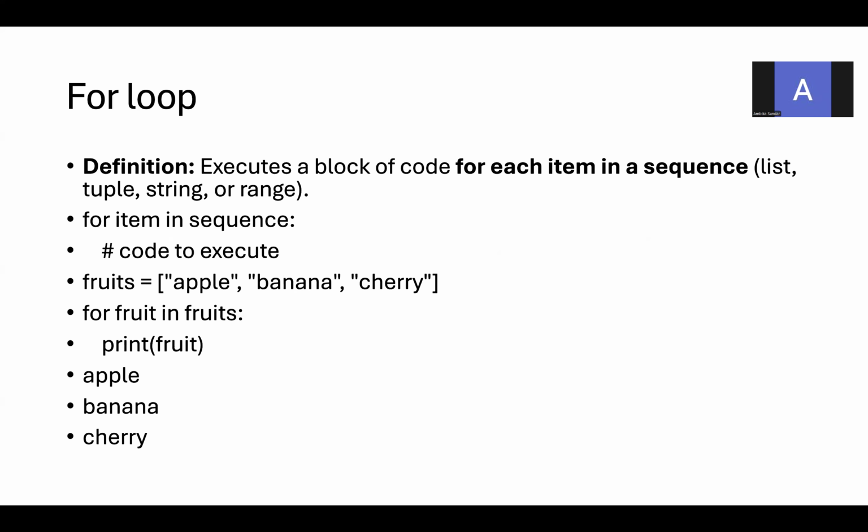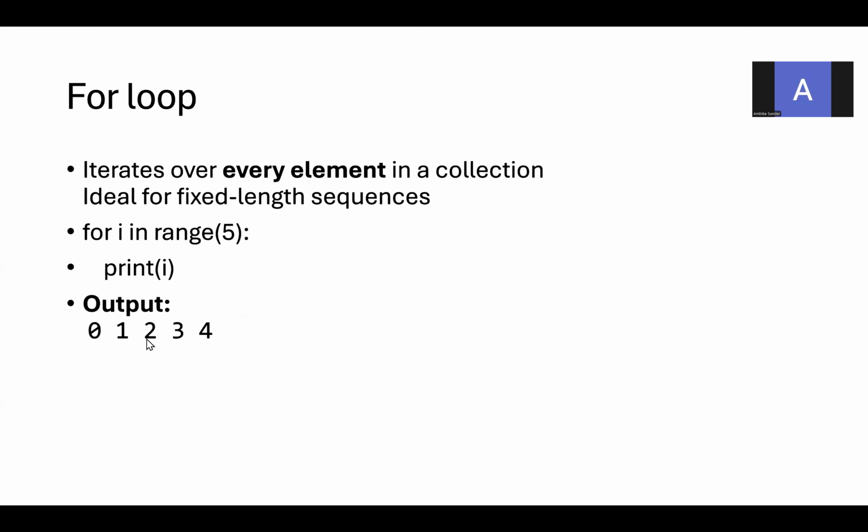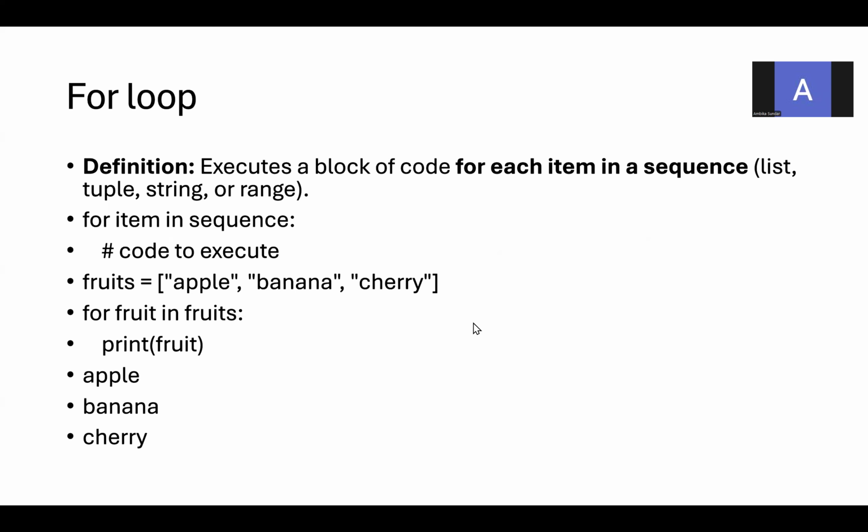The block of code is 2 lines, so these 2 lines of code get executed for the 3 items in the list. After execution, you will get the output one by one: apple, banana, cherry. So the for loop is the one that helps us execute this.